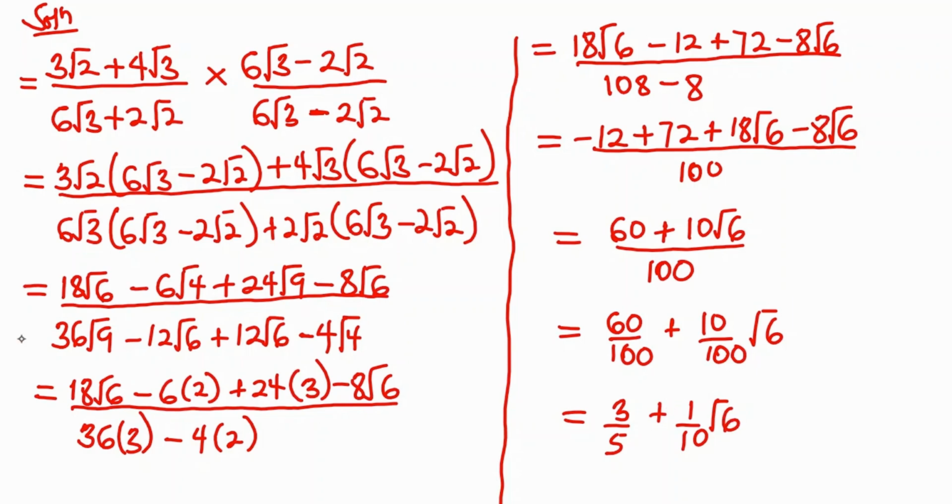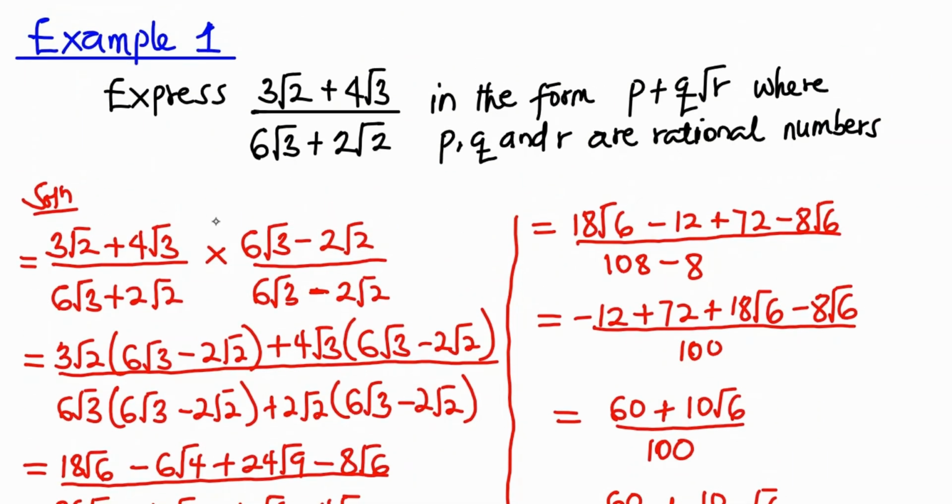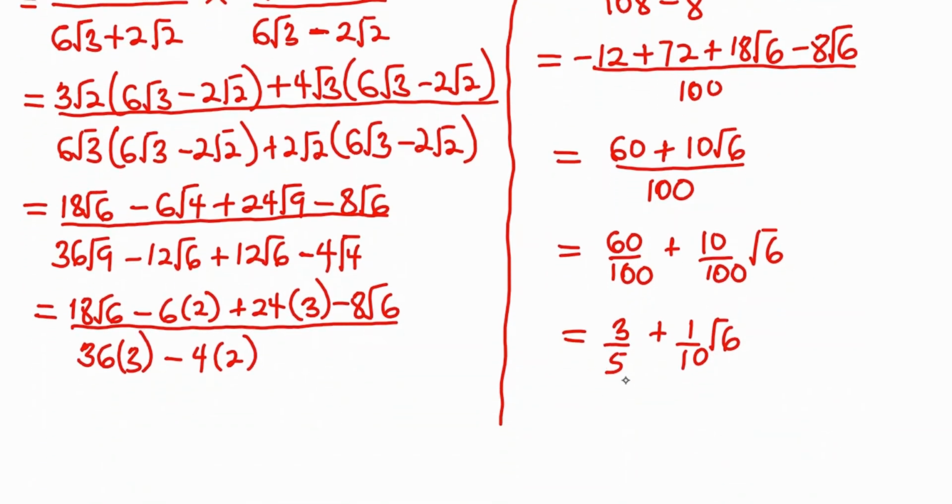Now we compare with the question which says that we should leave our answer in the form p plus q root r. So just like we just did, we have our solution as such, so which implies that we're leaving our answer in p plus q root r.